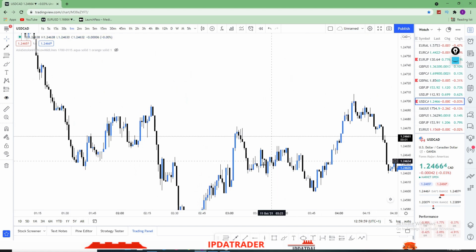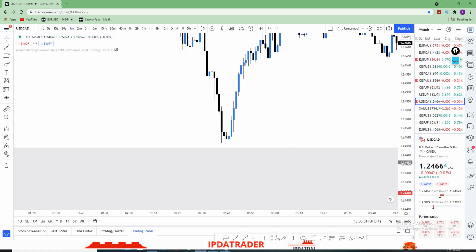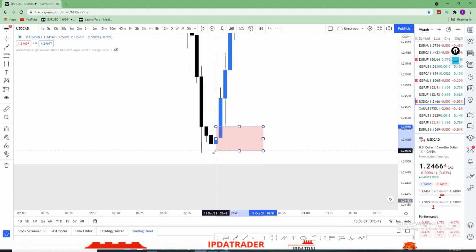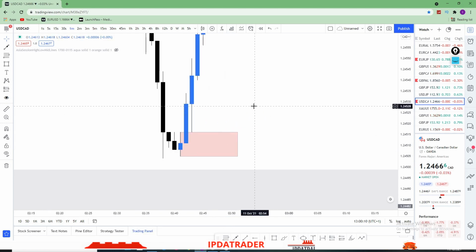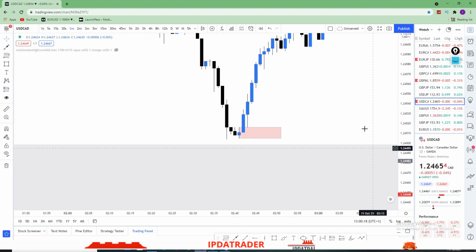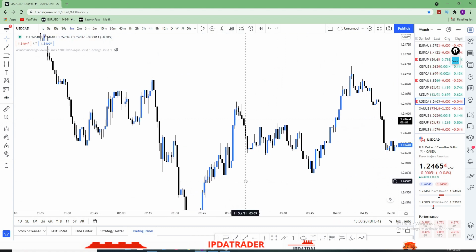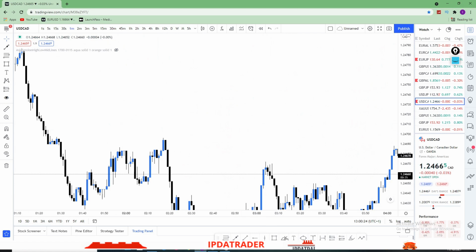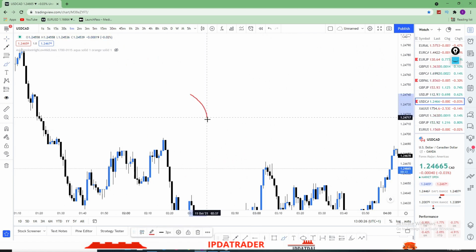Yes, this is an IFC structure right here. Even though the color of the candle is technically blue, it has the characteristics of an IFC structure. It's just like an order block, but an order block doesn't always need to have different colors, meaning it doesn't need to be a bearish candle followed by a bullish candle.